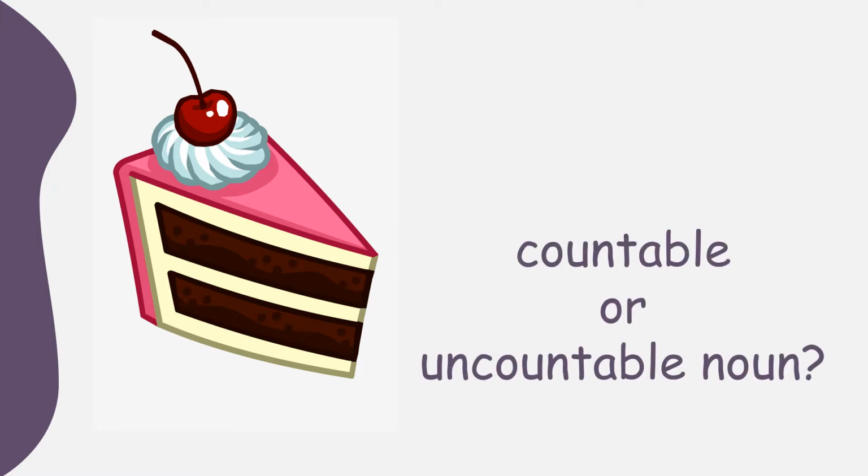If you can put s at the end of the noun, as it represents the thing that is more than one, that means it is countable. Would you like some cakes? I'd like a cake. So you can count it.